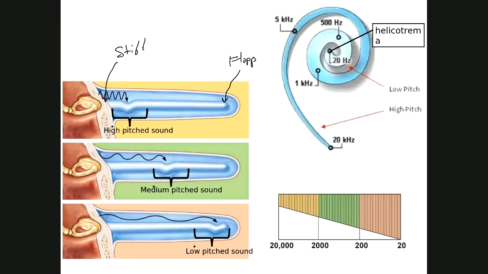So if I were to take tuning forks, everybody in here hopefully knows what a tuning fork is. Tuning forks, when you hit them, they make a pure sound. One pitch, just one.